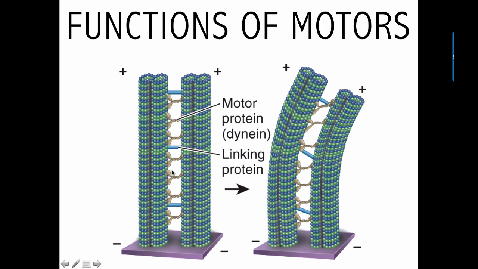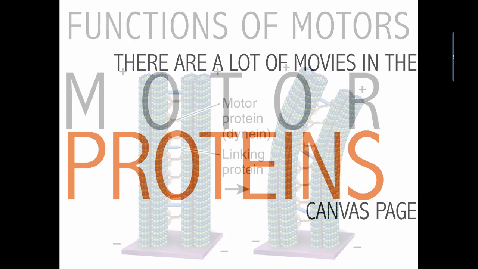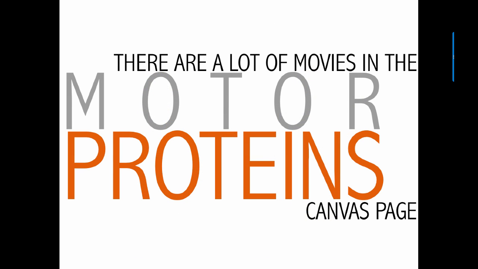But when the motor proteins on the left, these heads, try to walk along these microtubules over here on the left, and they're attached to these microtubules on the right, because the microtubules are anchored at the bottom, the motor proteins can't walk, and what happens is we get bending or flexing of the microtubules. So rather than sliding of the microtubules past one another, we get bending and flexing, and that can be really important in generating movement in things like flagella and cilia.